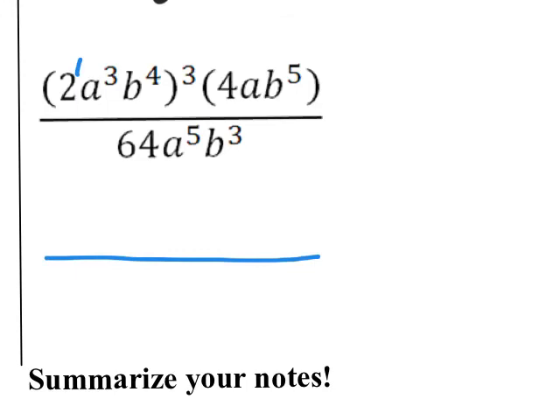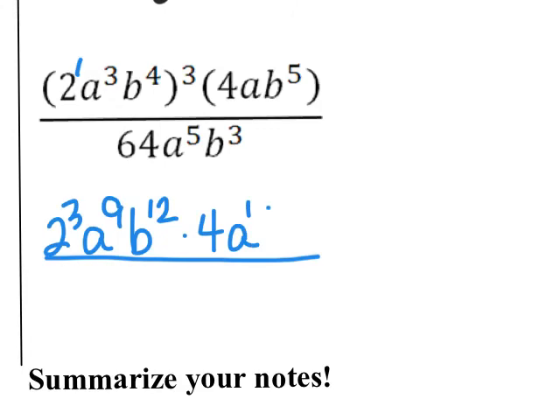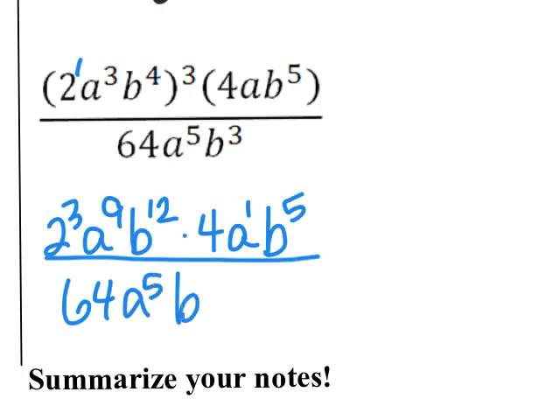So 1 times 3 is 3, so that gives me 2 to the third. 3 times 3 is 9, and 4 times 3 is 12. Then I'm multiplying that by 4, that's really a to the first, and b to the 5th, over 64, a to the 5th, b to the 3rd. So that's kind of a lot. So let's clean that up a little bit.